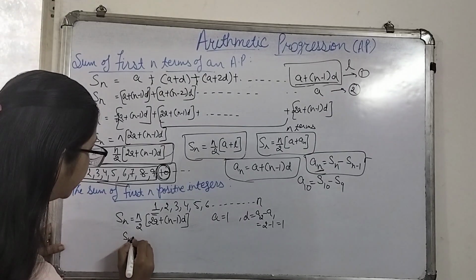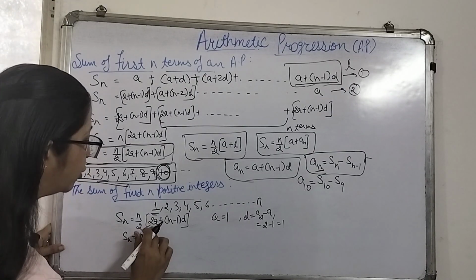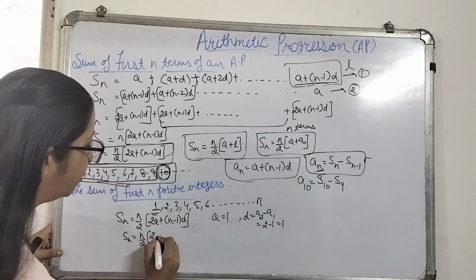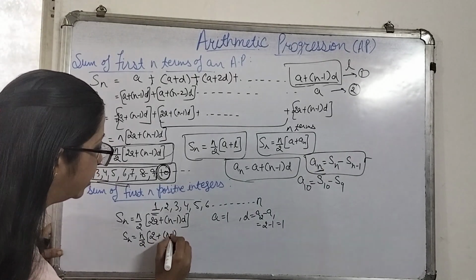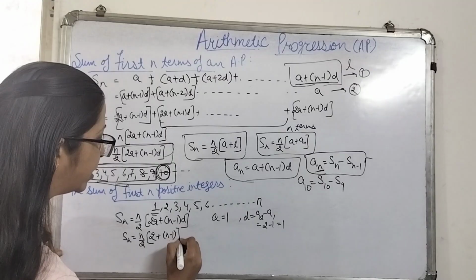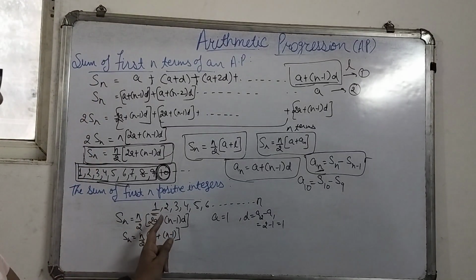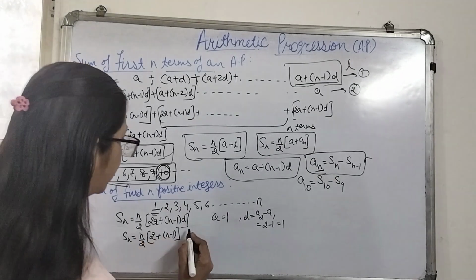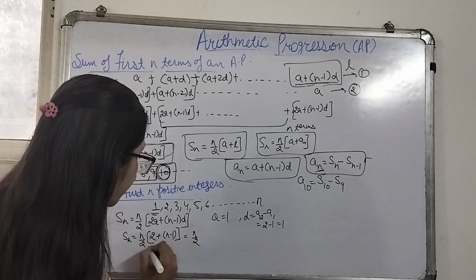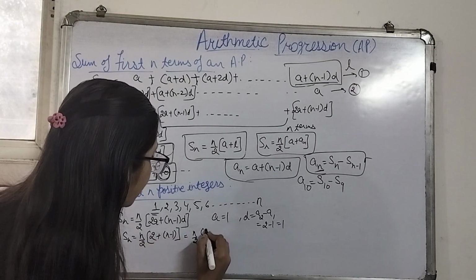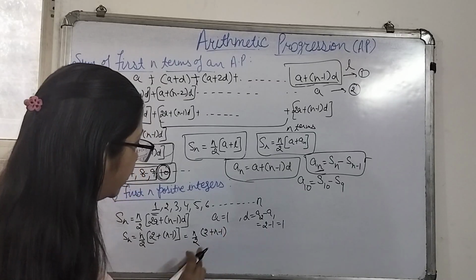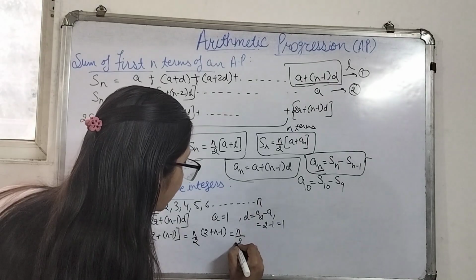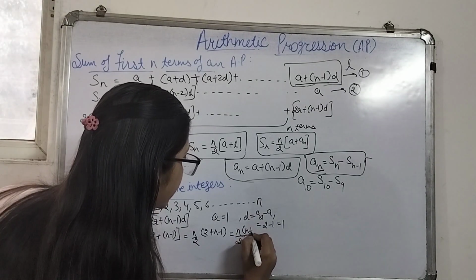So Sn will be n by 2 into 2 into 1, we are keeping the value of a as 1, 2 into 1 will become 2 only, plus n minus 1 into d, d is 1 only. So we will keep it as n minus 1 only, because n minus 1 multiplied by 1 will give us n minus 1 only. So n by 2, this bracket we are solving, it is 2 plus n minus 1. 2 minus 1 will be 1, so it will become n by 2, in bracket it is n plus 1.